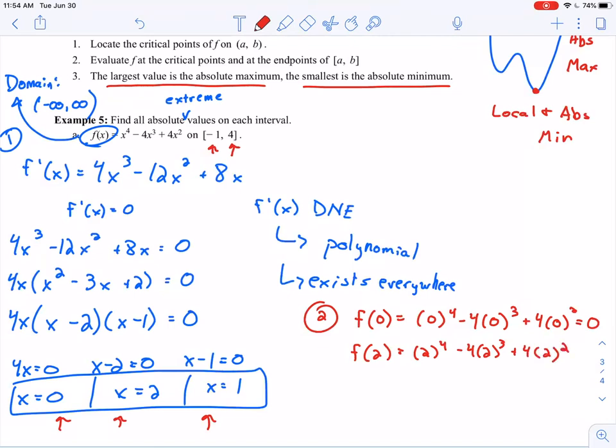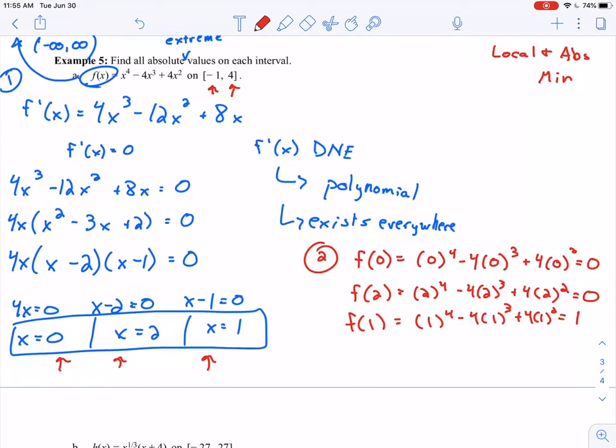Here in this case, we will also end up with 0. Then I'll take f of 1, which is 1 to the 4th minus 4 times 1 cubed plus 4 times 1 squared. Here in this case, I end up with 1.